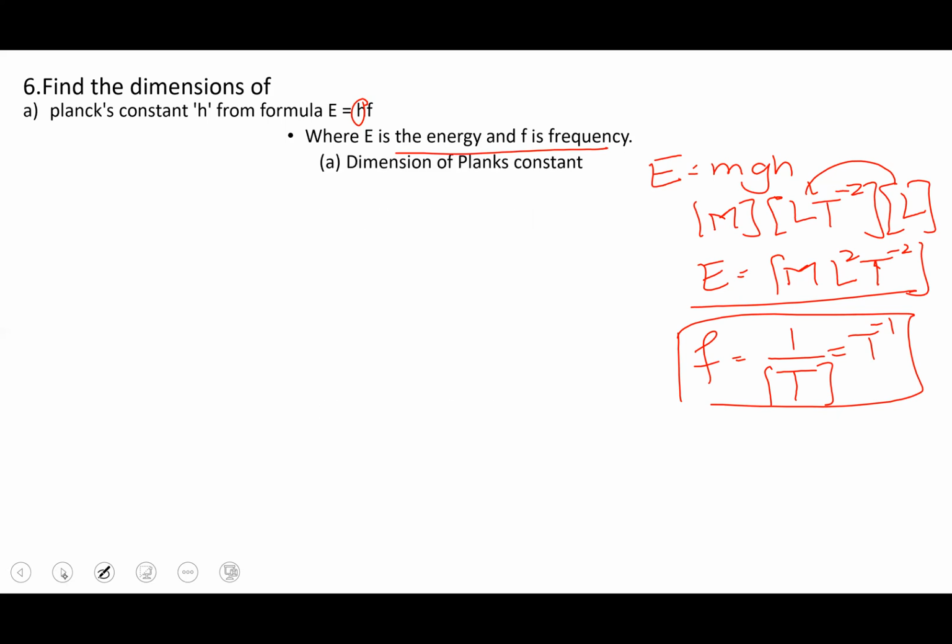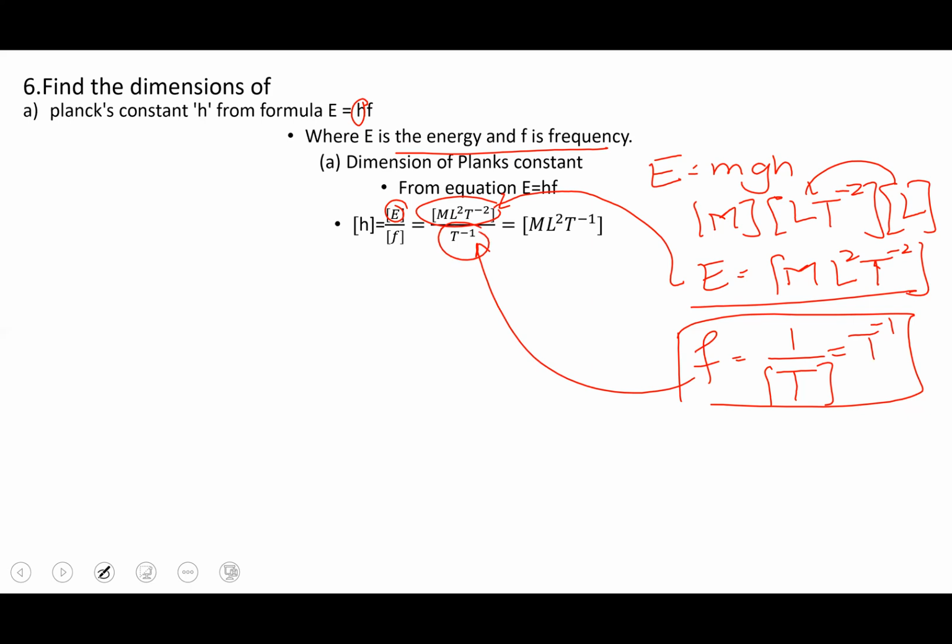So the dimension of Planck constant comes from the equation E equals hf. So h will be equal to E over f, and as I told you, the dimension of E is M L squared T to the power minus 2, divided by the frequency part, which is T inverse. If we take this T inverse to the top, it will be M L squared T to the power minus 2, and this T goes over there as T to the power plus 1.